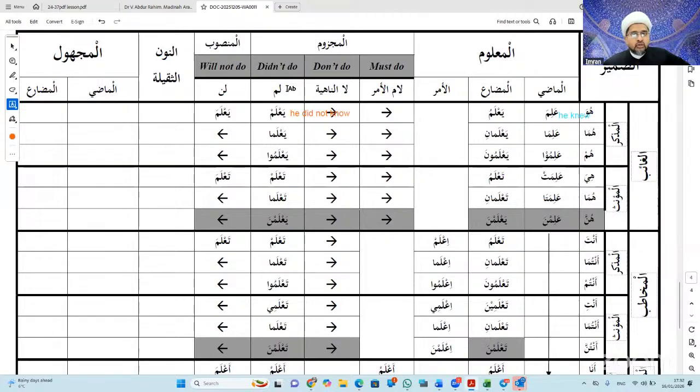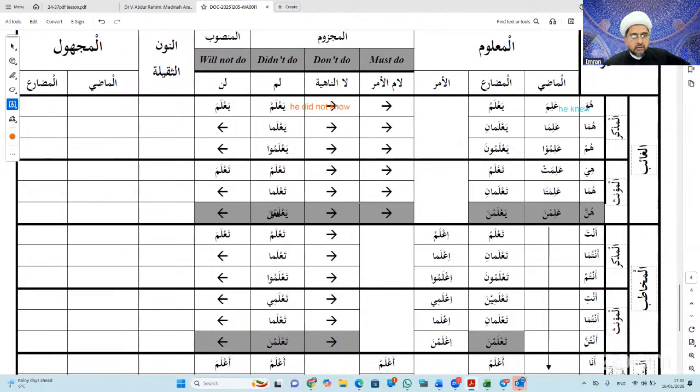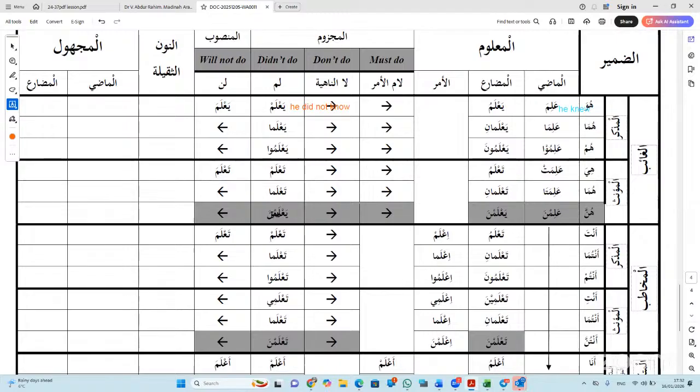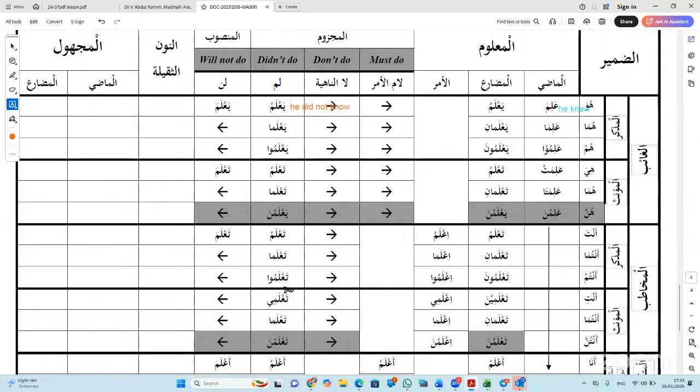So I want you to conjugate lam with the 14 present tense verb lam ya'lam, please. Go ahead. Lam ya'lam. He did not know.